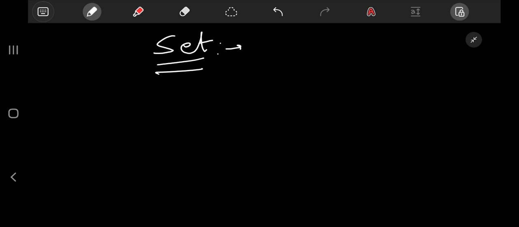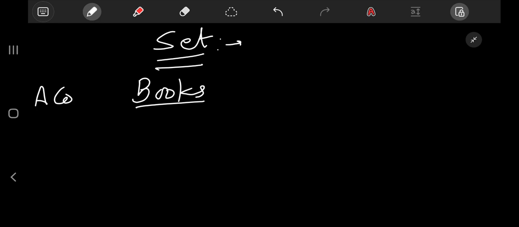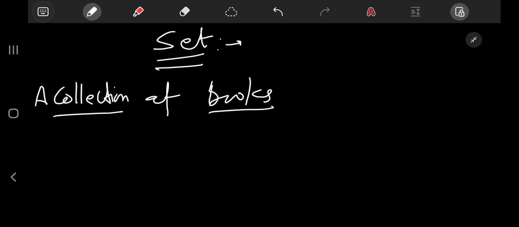For example, if we take some books, we call this a collection of books. We call these a collection.